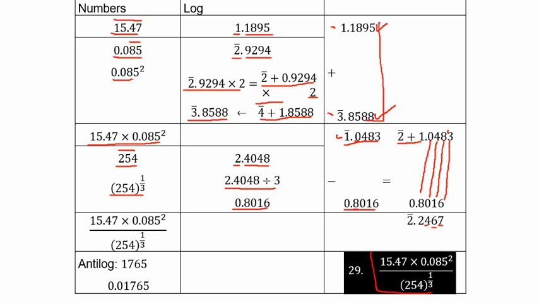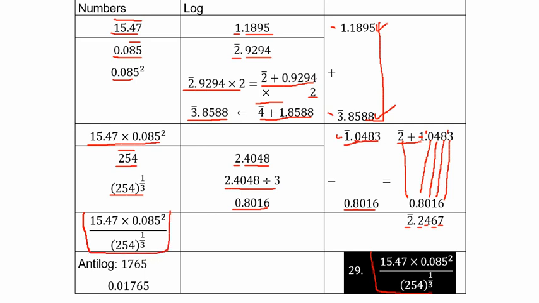So if you borrow this one from here, you add it to this 0, it becomes 10. 10 minus 8 is 2. So you are left with bar 2 here now. Bar 2 minus 0, you have bar 2. So that is the result for the whole problem that you have here.